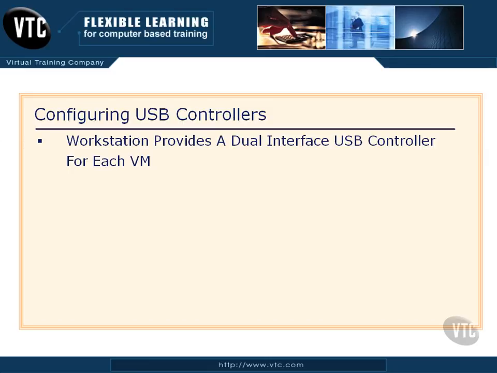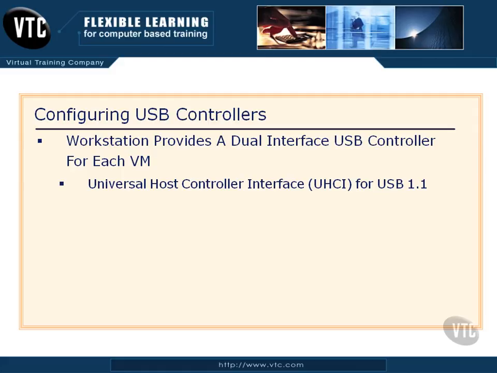Now, Workstation provides a dual interface USB controller for each virtual machine. You can use USB 1.1, and that is the Universal Host Controller Interface, or UHCI, for USB 1.1. Then there's the Enhanced Host Controller Interface, EHCI, for USB 2.0.